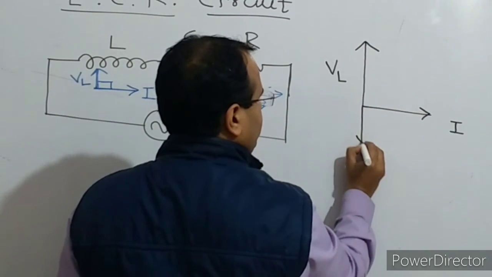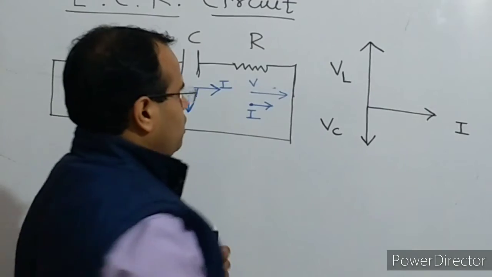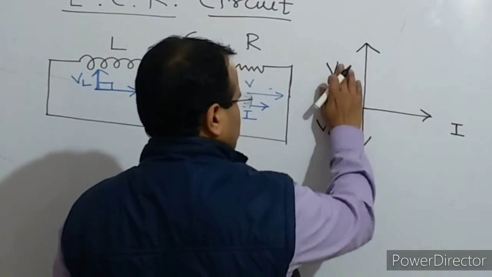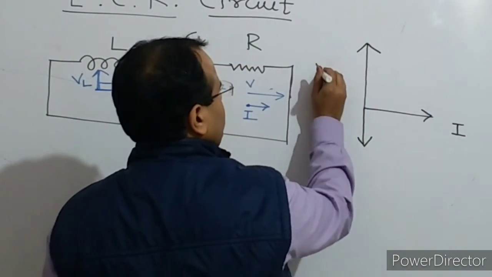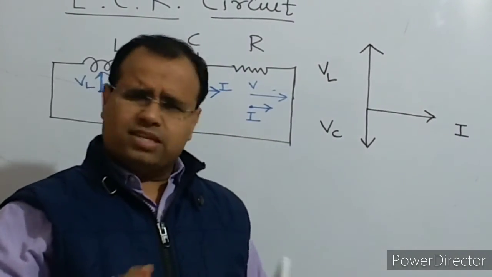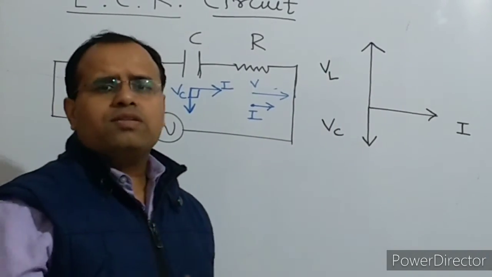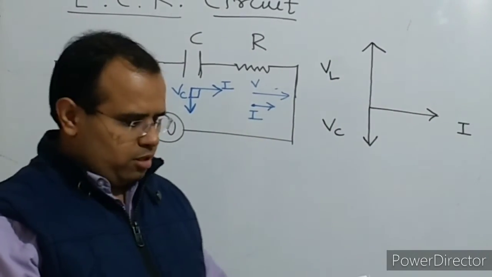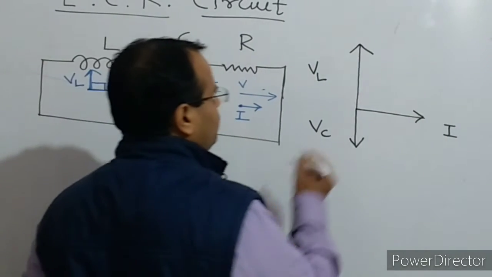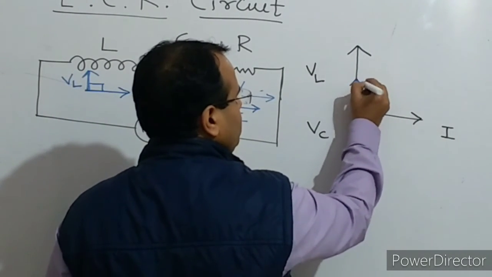Then we have the voltage across the capacitor, VC. It is possible that VL is greater than VC, and also possible that VL is less than VC. Here we are considering VL greater than VC, so the resultant of VL and VC will be in this direction, that will be VL minus VC.